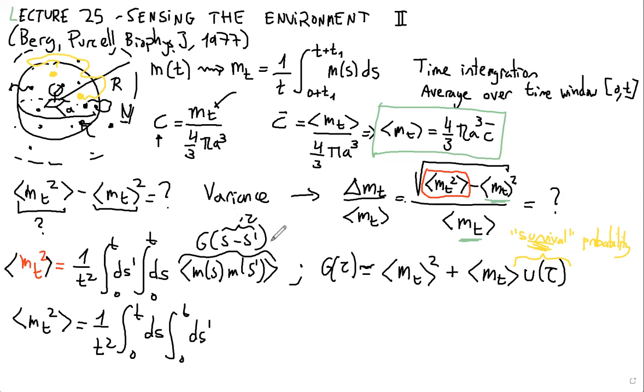And then this one, I said, is m_t squared plus m_t u tau. So I can also write it like this: m squared plus m, and then it's u evaluated at s minus s prime. Well, tau is s minus s prime, so it's the same thing. Okay.